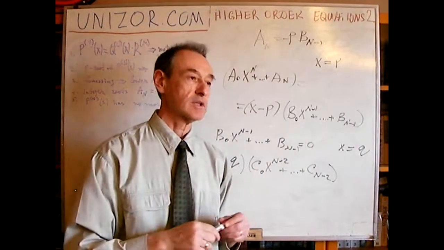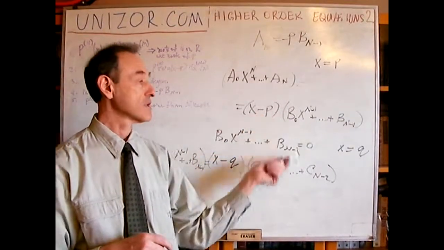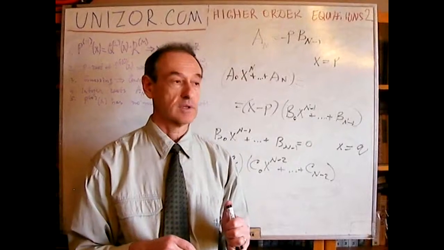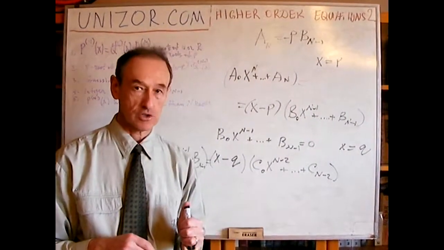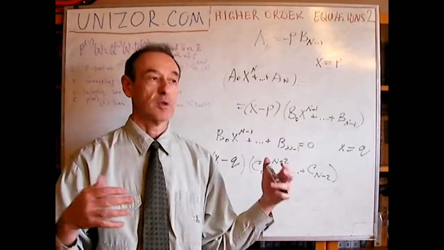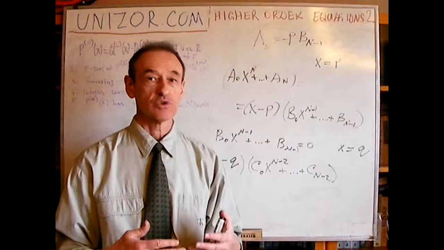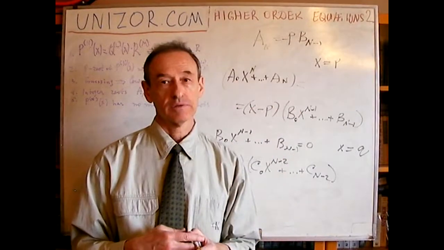So just going a little bit ahead of myself, we have proven that there is no more than n solutions to a polynomial equation of the nth degree. But the fundamental theorem of algebra helps us to formulate that there are always exactly n solutions for a polynomial of the nth degree.